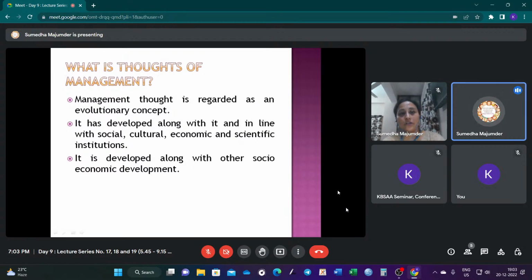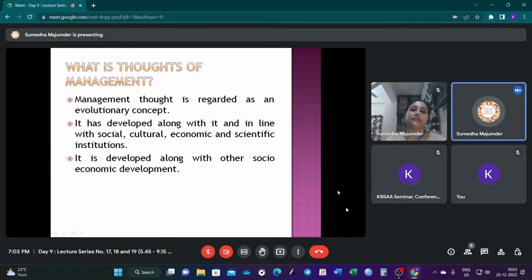From that point of view, the school of thoughts of management is the basic concept of the evolution of the concept of management. Why is it important? Because we all know that any business runs and operates in a particular society within a particular economic era. So if there are any changes in the socio-economic activity, then accordingly the business has to adapt to these changes.